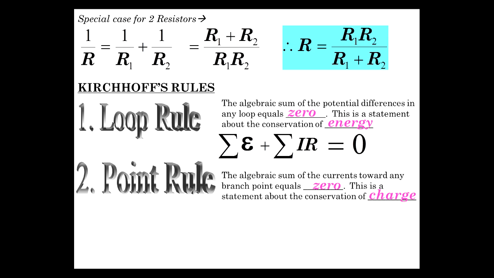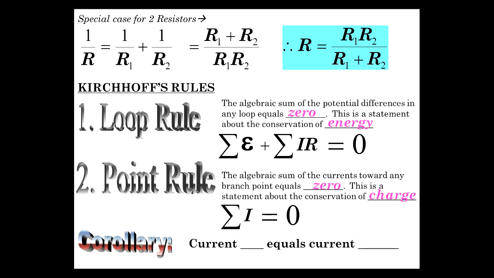The closest we get to that happening is in a capacitor, but that's not considered a point in the circuit. So sum of the currents equals 0. Corollary to this idea is simply that the currents into a branch point or a junction equal the current out. Whatever goes in must go out. And that's it in brief.